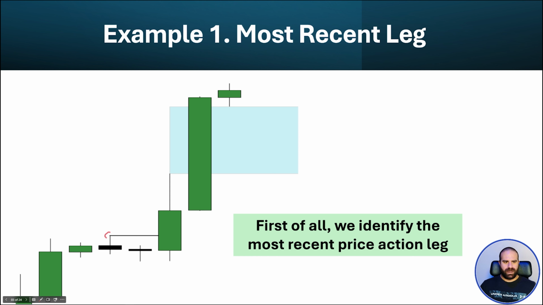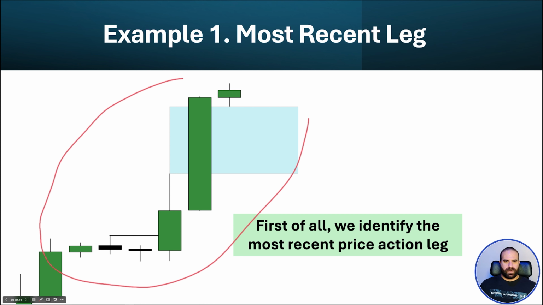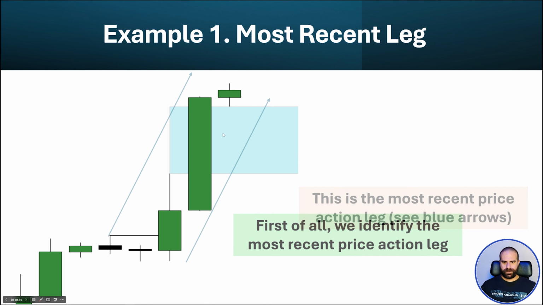In this example, which is a bullish example, we have broken above the high of this candlestick right here. This is the highest point within this small consolidation. And of course, as you can see, this is our most recent price action leg.